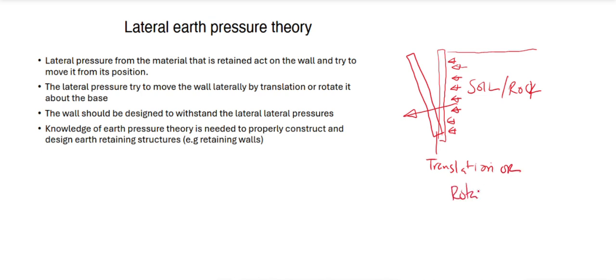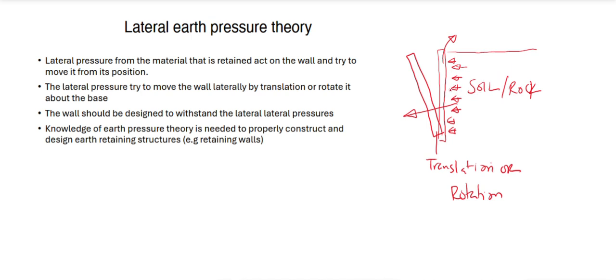So these are the movement forms. Now when these things happen, then eventually there's going to be failure because we know that the retaining wall is supposed to prevent the movement of this soil.